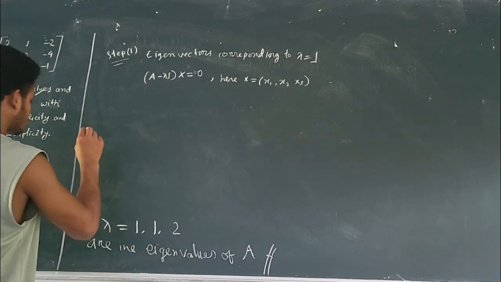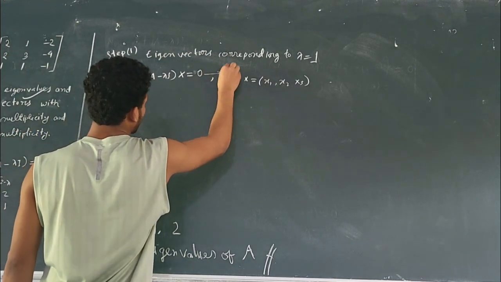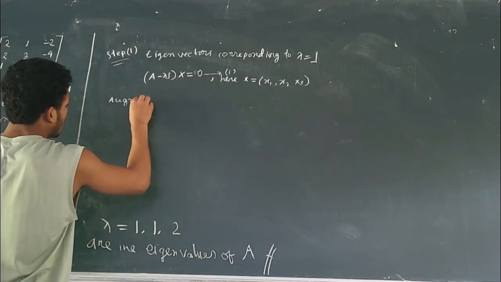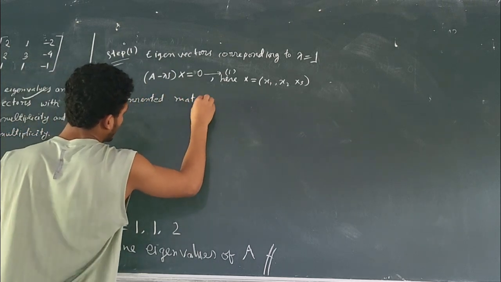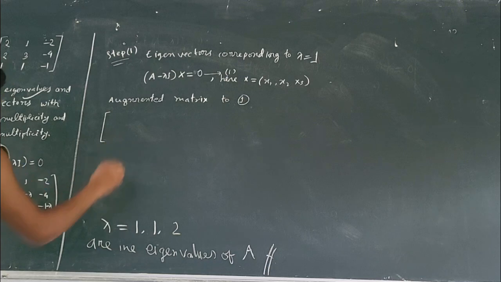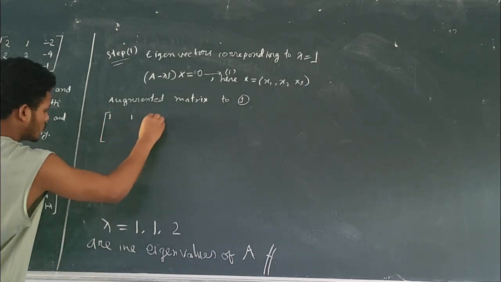So now find the augmented matrix. This is equation number 1. The augmented matrix to equation 1 will be 2 minus lambda. Now put lambda is equal to 1 here. So 2 minus 1 will be 1. It is 1 here and it is minus 2.